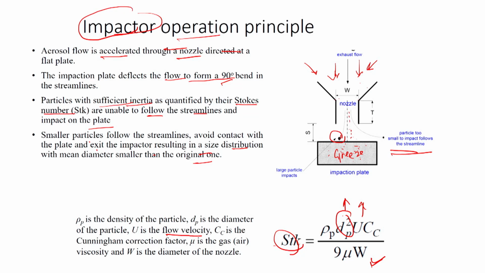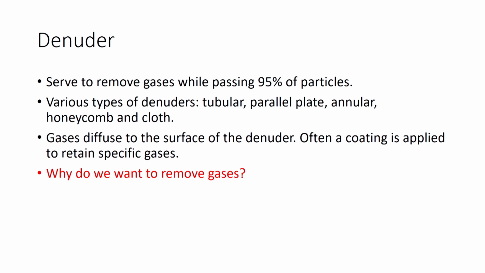Then mu is the viscosity of the air, and W is the diameter of the nozzle. As I discussed in the previous lectures, if you increase the particle diameter, the Stokes number will increase. If you increase W, then the Stokes number will decrease, so you will not be able to collect particles of the desired size.